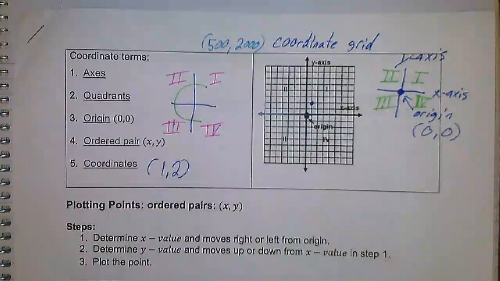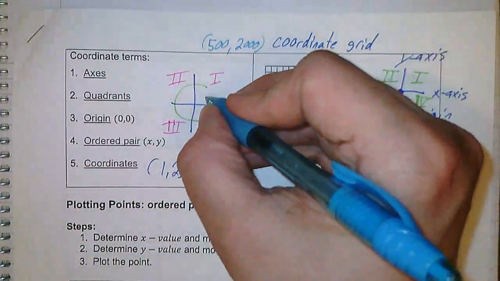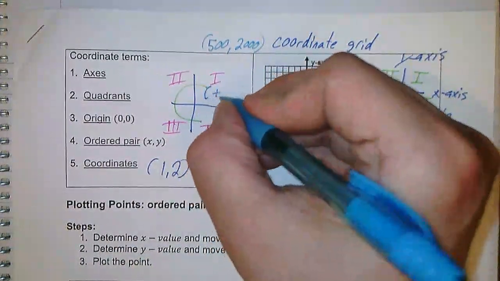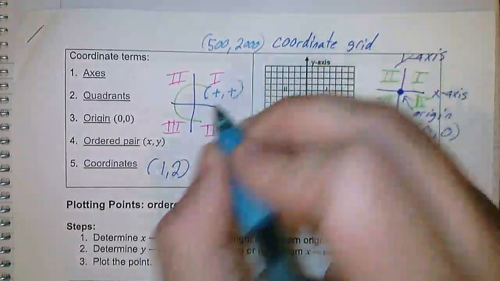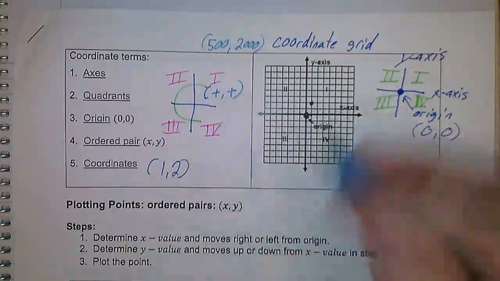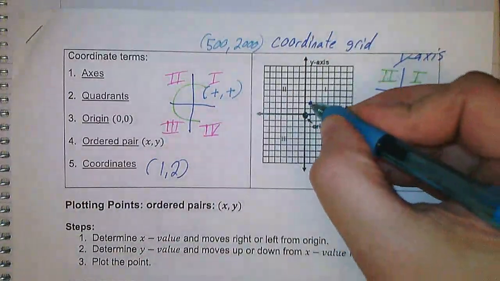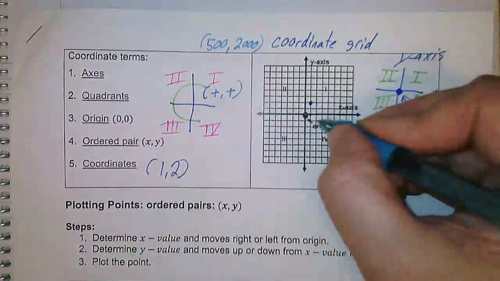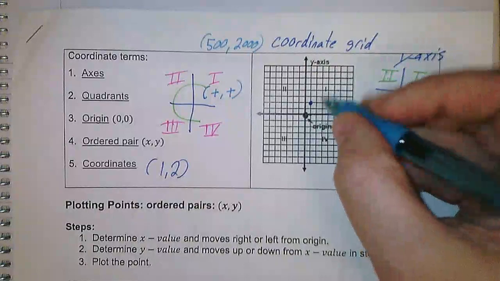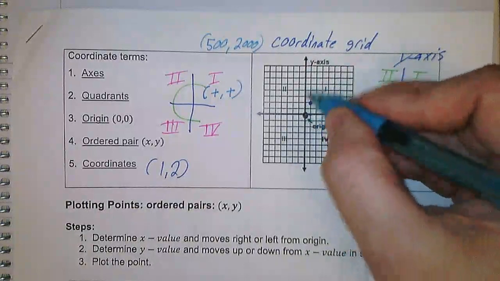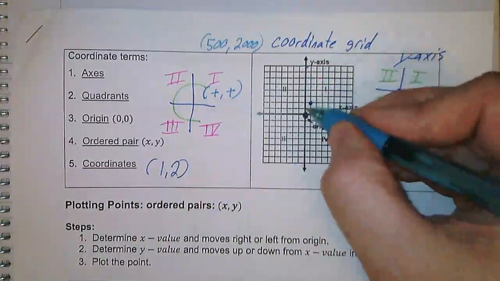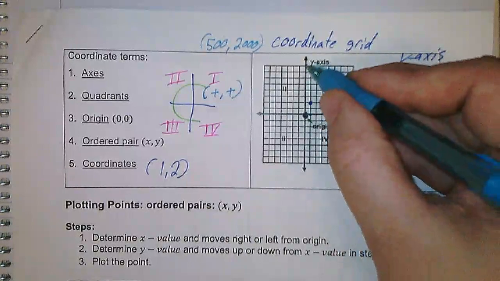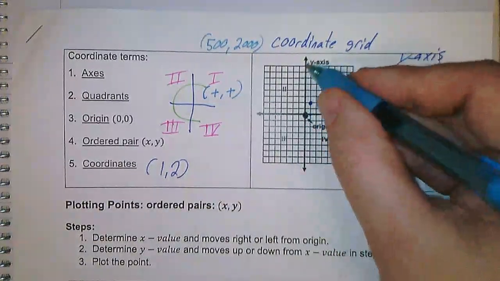And we can answer that because in quadrant 1, both the x and the y are positive. Think about a point like 1, 2. We would go out in the positive direction, which is to the right, where these numbers are positive. And we would go in the positive direction, which is up. Everything above 0 is positive on the y-axis.